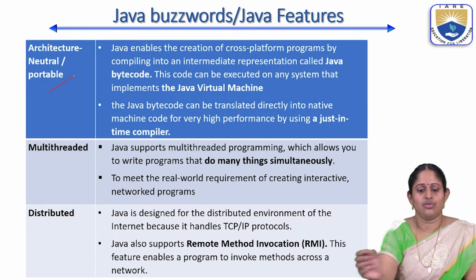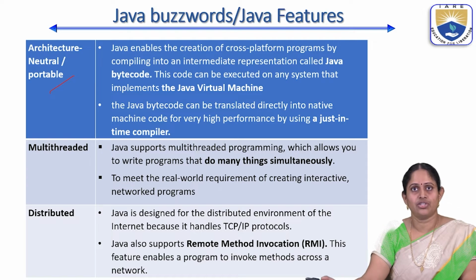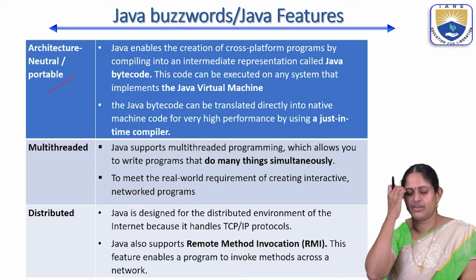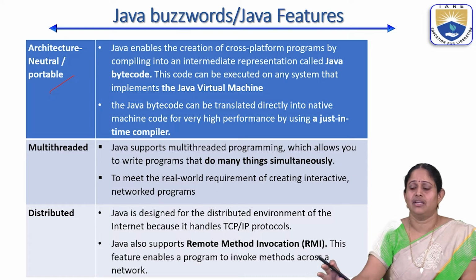Next is architecture neutral or portable. This is, as we have discussed, because of the presence of Java bytecode and the Java virtual machine. Java is platform independent.